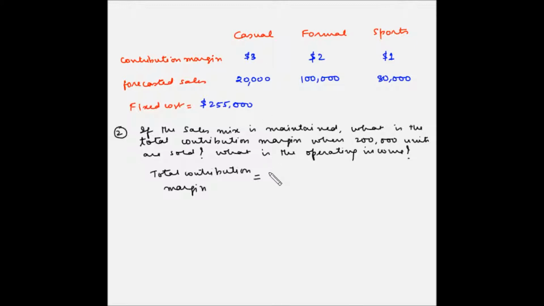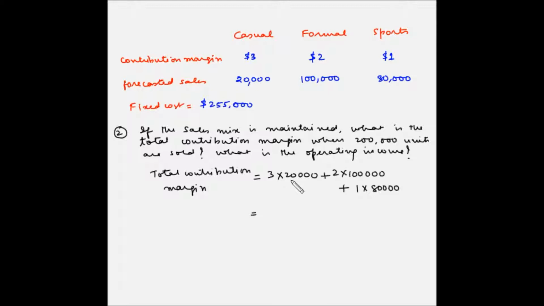So we have 3 multiplied by 20,000. This becomes the total contribution margin for casual shoes, plus 2 multiplied by 100,000. This is the total contribution margin for formal shoes, plus 1 multiplied by 80,000, which is the total contribution margin for sports shoes.